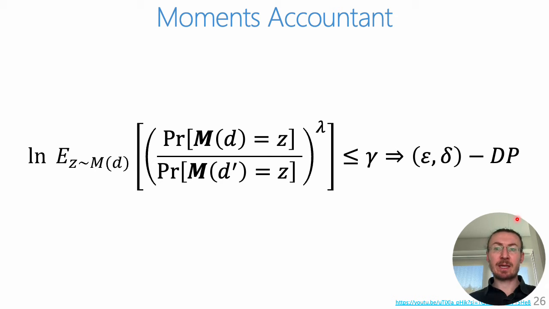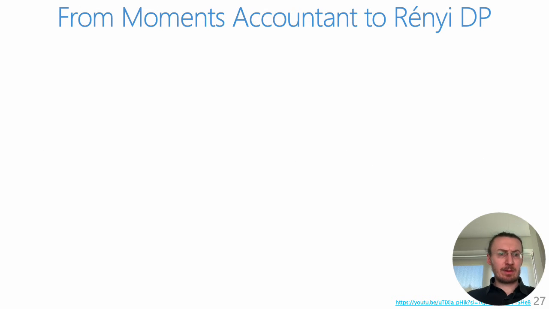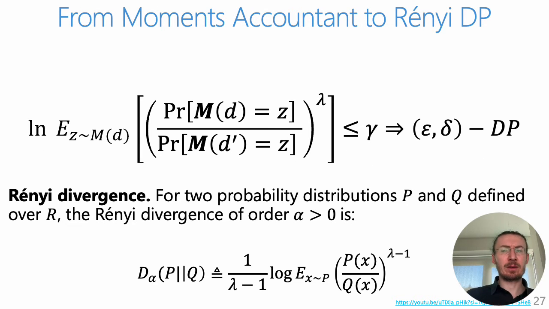So initially, moments accountant was used in the paper on DP-SGD for tracking privacy loss across multiple invocations of the Gaussian mechanism applied to random subsets of the input dataset. And then, how can we further extend the moments accountant?